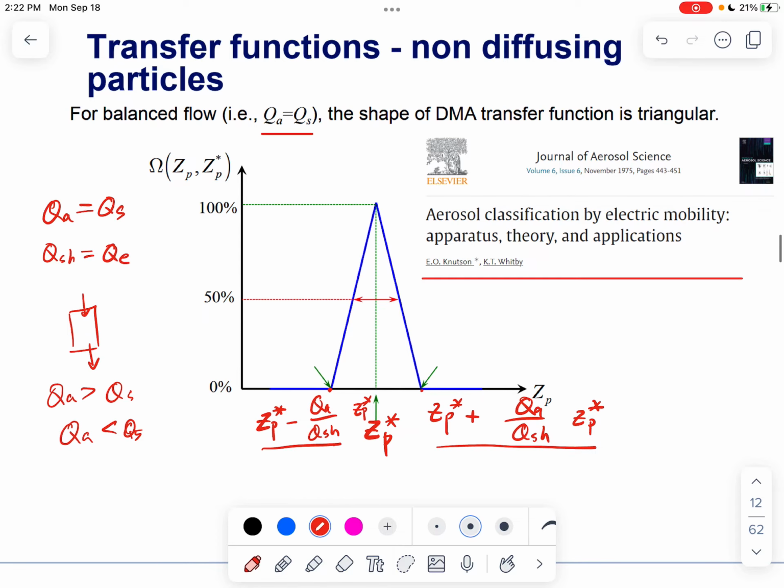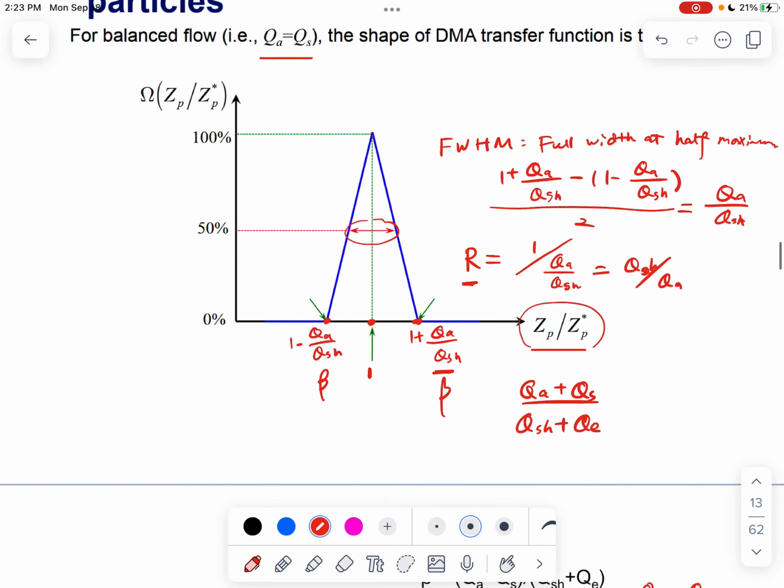So as we mentioned here, you can also calculate the full width at half maximum. That is QA divided by Q sheath multiplied by ZP star, right? So this is the width. And then people use this centroid value divided by the width of this transfer function. You can see that it is still Q sheath divided by QA. So basically, the resolution is the intrinsic parameter that's related to how wide the transfer function is, right?